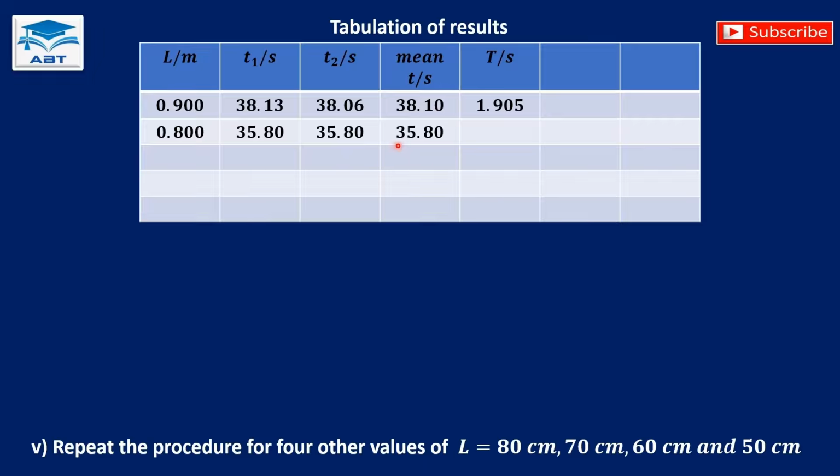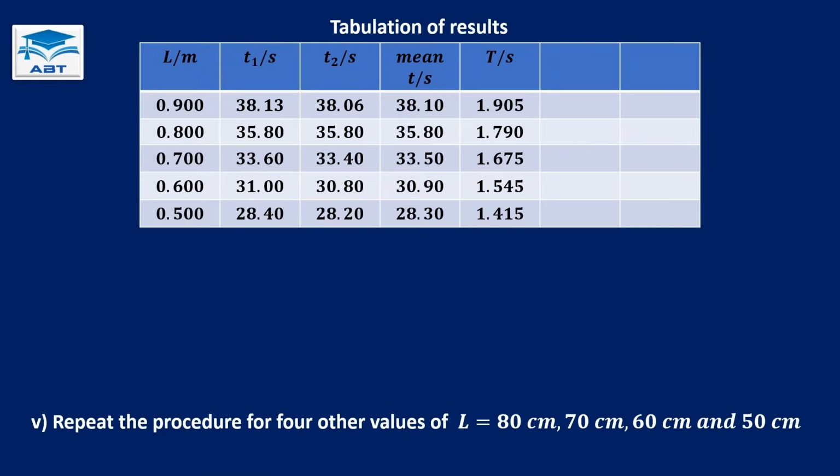Find the mean of the two times and evaluate the period. And we do the same thing for length of 70 centimeters, 60 centimeters, 50 centimeters, and tabulate the results.